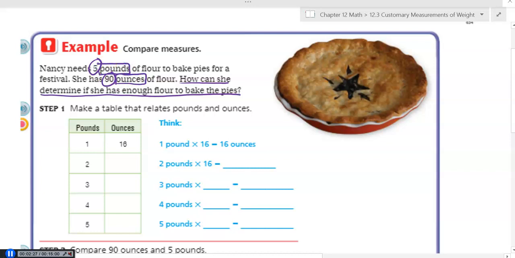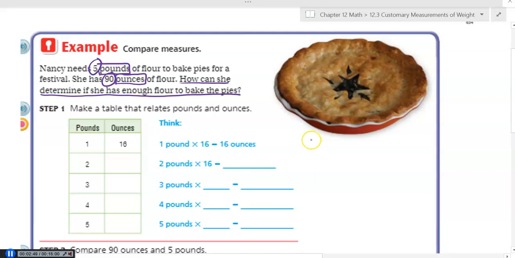So again, we're going to use a table today to help us with comparing pounds and ounces. So I know 1 pound equals 16 ounces. So that's 1 times 16 equals 16. For 2, I'm going to do the same thing. 2 times 16. Now, I know my 12 times tables like we did yesterday in my head, but 16 is a little more difficult.